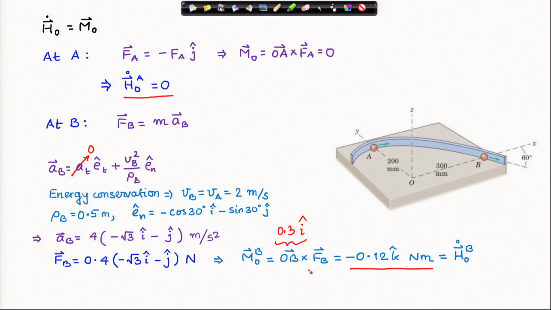Therefore, 0.3 i cap cross F_B. i cross i is 0, i cross j is k, and therefore, it is minus 0.12 k Newton meter.